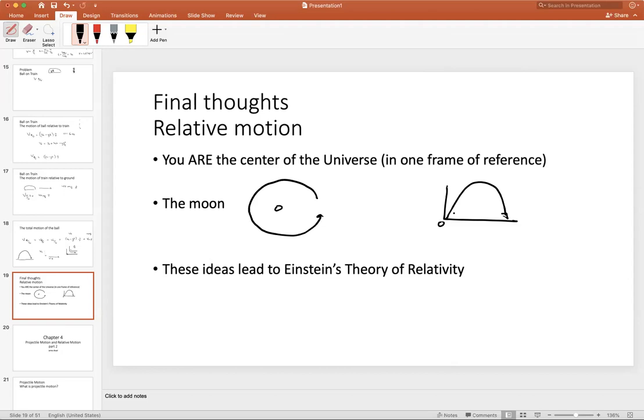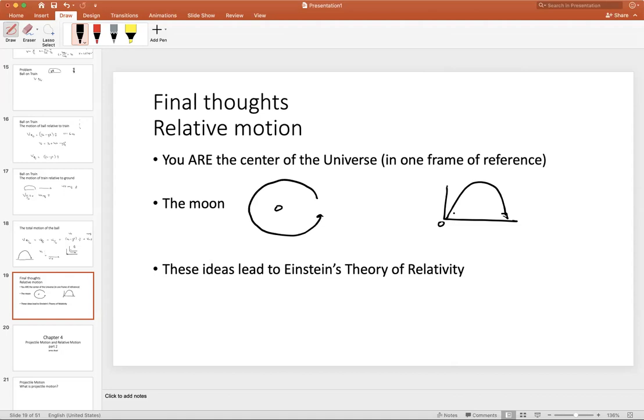Are you at rest in the truck? Are you at rest on the ground, or in the river, or in the boat? Just think about those things and think about what they mean, and understand that later on you're going to have to figure out sometimes relative motion in things that are in different rest frames.